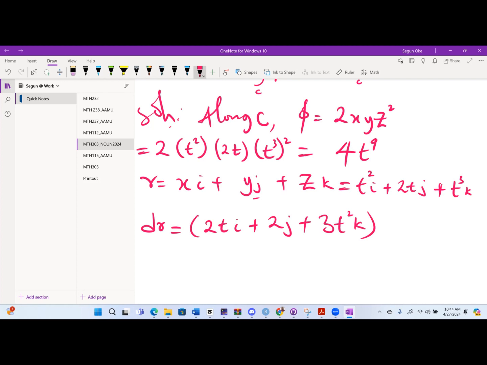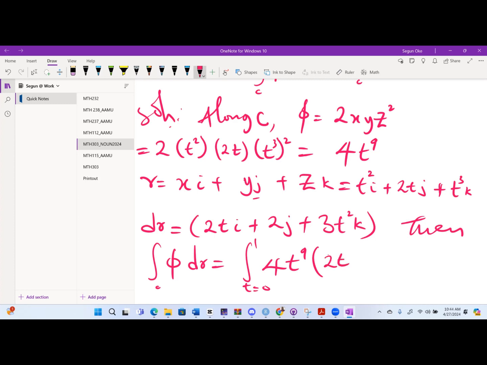Then we can now say our integral of phi dr will be what? Our phi now will be the integral of t equals 0 to 1, 4t to the 9 into 2ti plus 2j plus 3t squared k.